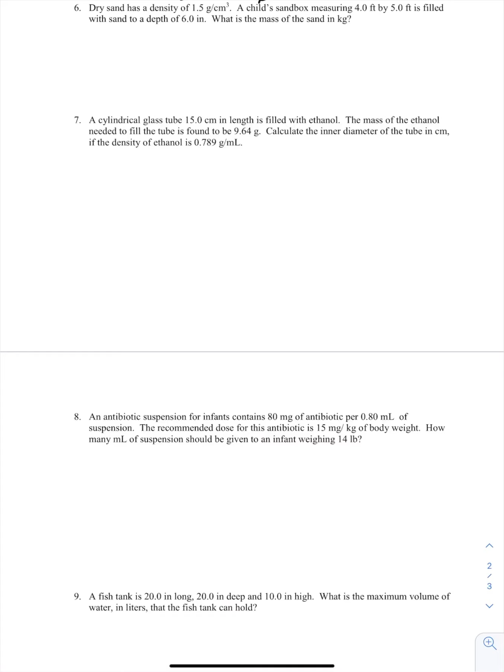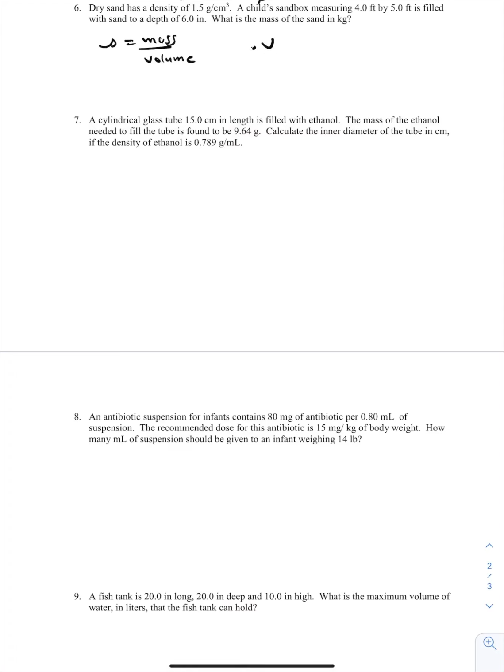So let's say we know that density is mass per volume, right? Let's say that they had already given us the volume instead of the dimensions.